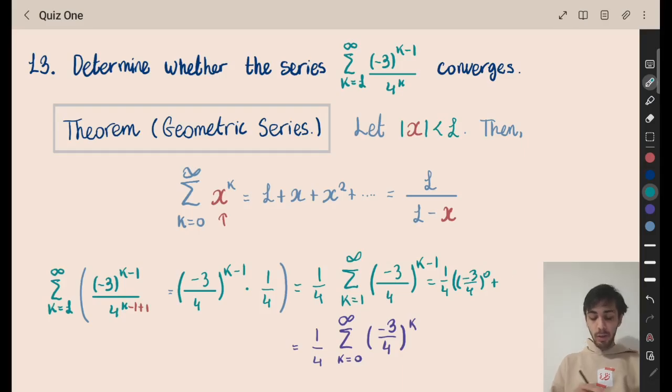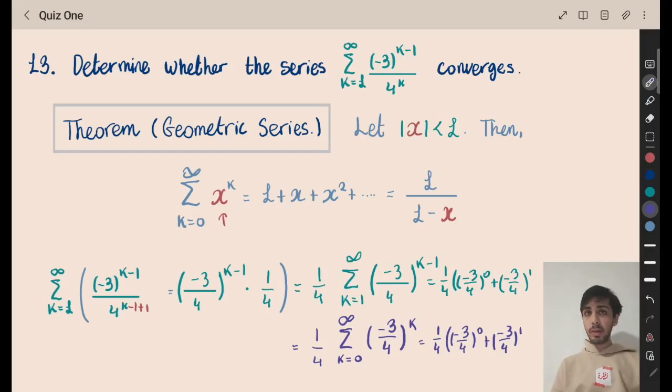Second term will be, if I plug in k is equal to 2, I'll get minus 3 over 4 to the power of 1. There, I will get 1/4 on the outside, and I will get the exact same thing. So minus 3 over 4 to the power of 0, and then minus 3 over 4 to the power of 1. I could do this infinitely often, but I don't think we have infinite time. So you have to trust me that it goes on like this.